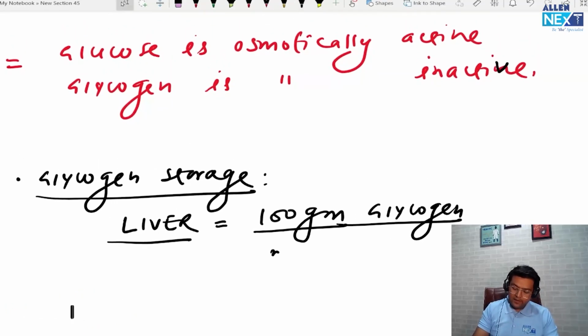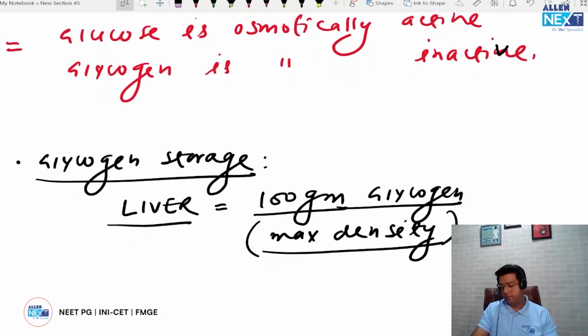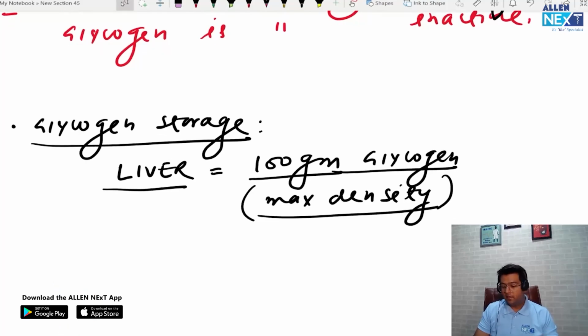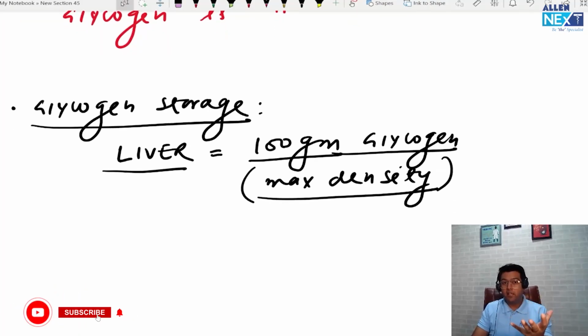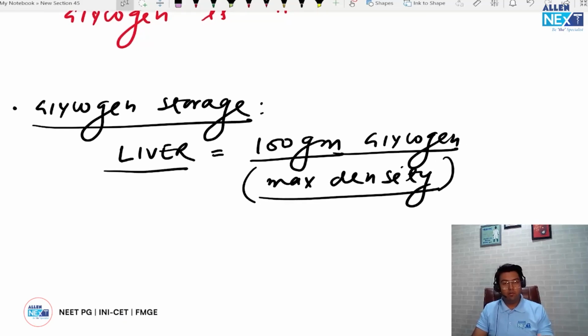Guys, this is like maximum density, I can say, because mass by volume is density, right? You have studied a lot recently, mass by volume, right? Something must have clicked in your mind, some more formulas. So the density will be high here in the liver.